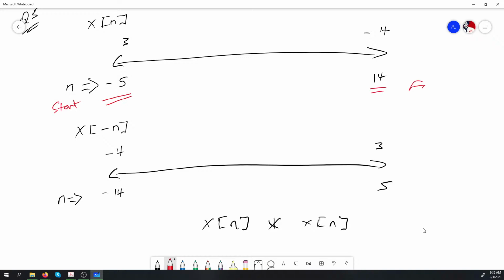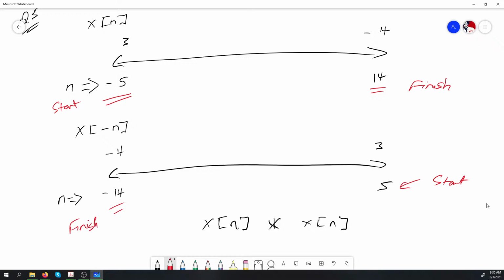And this here is our finish. And in doing the convolution, because we have x of -n, this means that this here is going to be our start, and this here is going to be our finish.